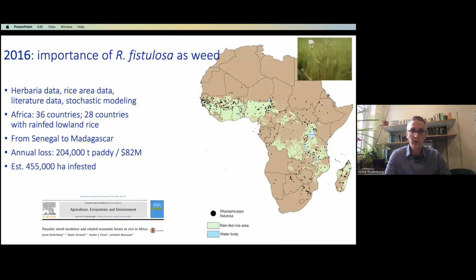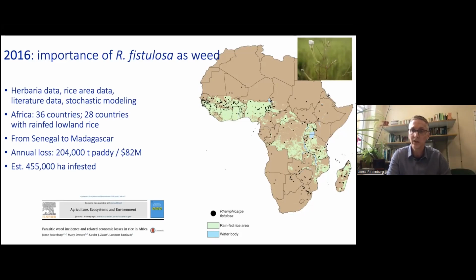So we found that this parasitic plant is very widespread, occurring in 36 countries within Africa. 28 of these countries grow rain-fed lowland rice. So it is really from Senegal to Madagascar, as I've already shown you, and extending into southern Africa.